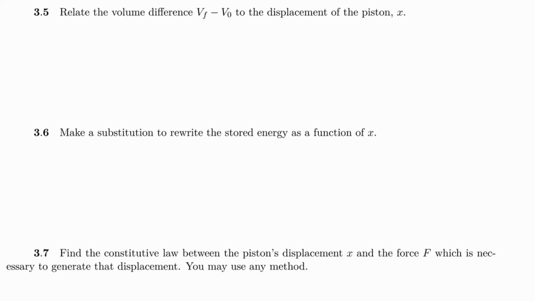The next part of the question says we should relate the volume difference, V final minus V initial, to the displacement of the piston. Here we just have to consider that the area of the piston sweeps out some distance, and so the change in volume is just A times x. Next we make a substitution to rewrite the stored energy as a function of x.